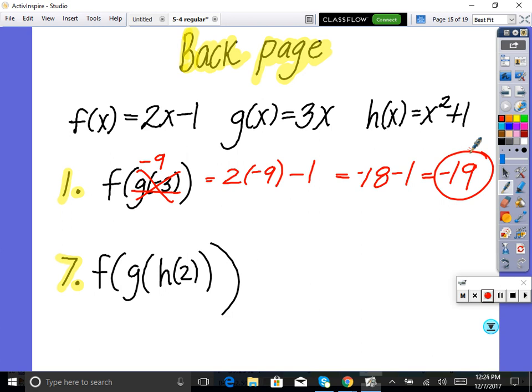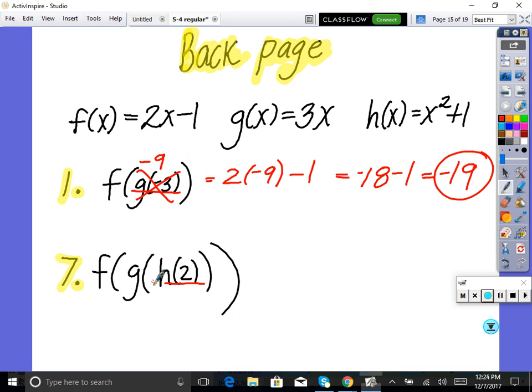Okay, any suggestions on how to do 7? Awesome. So we're going to calculate from the inside out. H of 2.